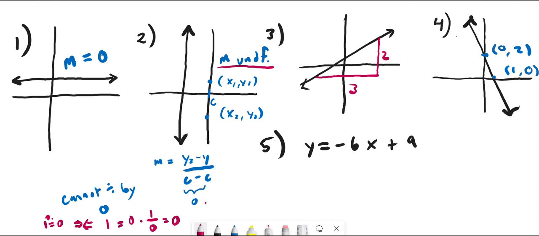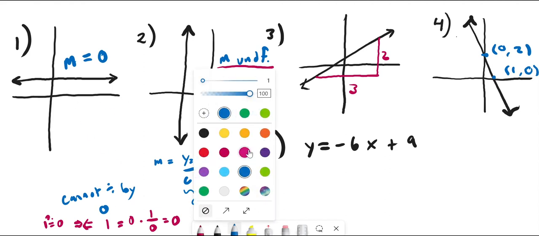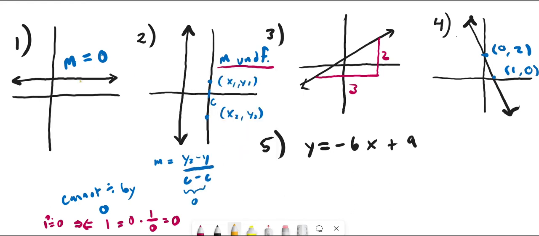Likewise, up here, we could have done the same kind of analysis for the 0 slope situation. And so let me just remark on that. If we have 2 points on a horizontal line, our x values might be different. And so we would divide x2 minus x1 on the bottom of some slope. And on the top, the y1 and the y2 are going to have the same value.